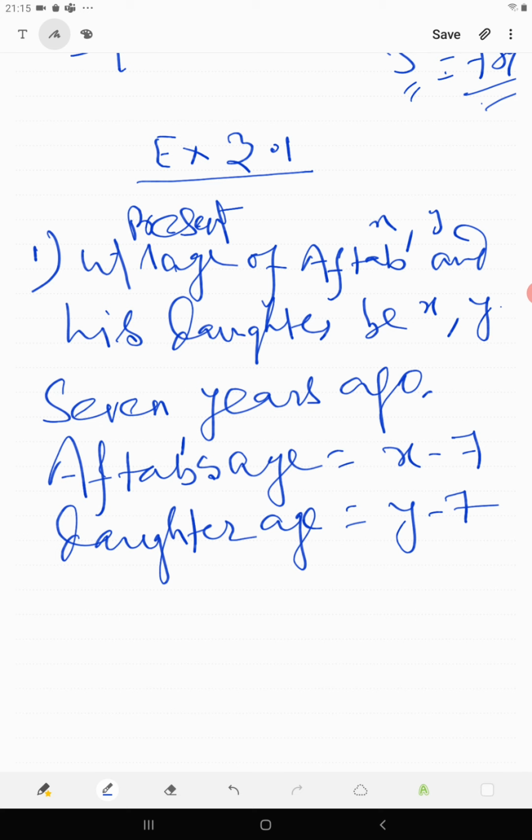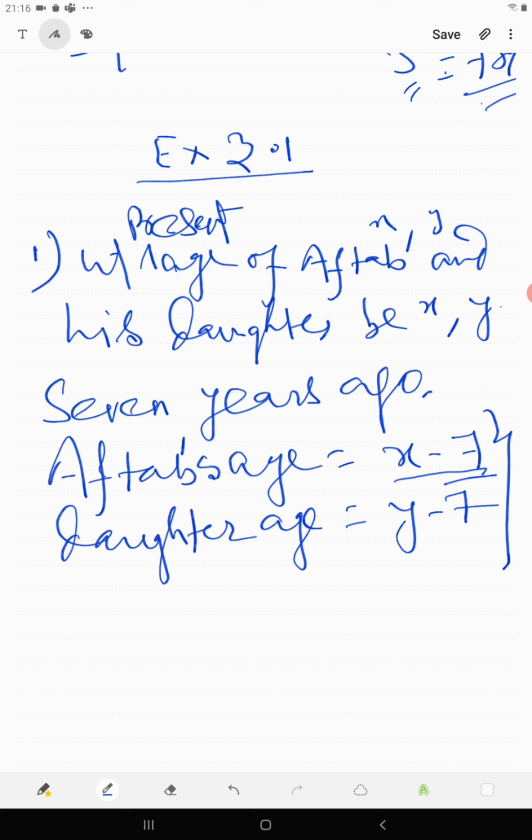Now, some relationship is coming. In the next line, a relationship is established between Aftab's age 7 years ago and his daughter's age 7 years ago. So let's see what the relationship is. 7 years ago, I was 7 times as old as you. So whatever his age was, that is equal to 7 times his daughter's age. Read the statement: 7 years ago, comma, I was 7 times as old.